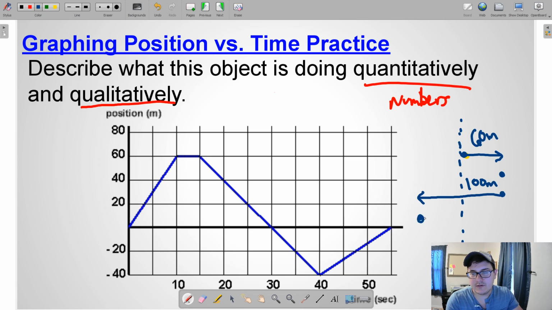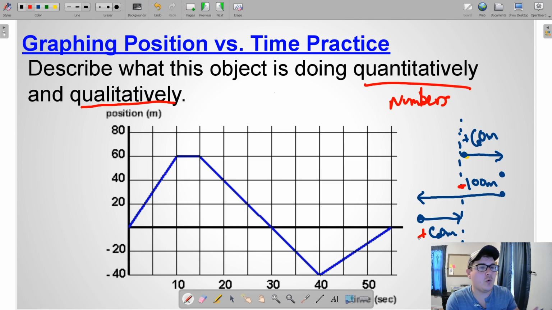It then turned around and went back to 0 for a positive 60. So we can also explain what this object did by explaining its displacement, qualitatively what's going on. So at positive 60, negative 100, positive 60 again, and so the object went right, left, and right.